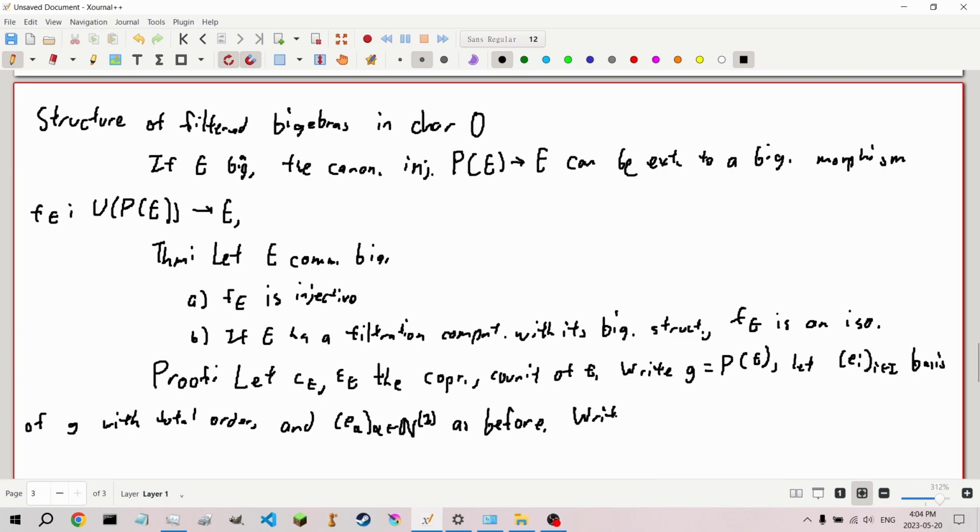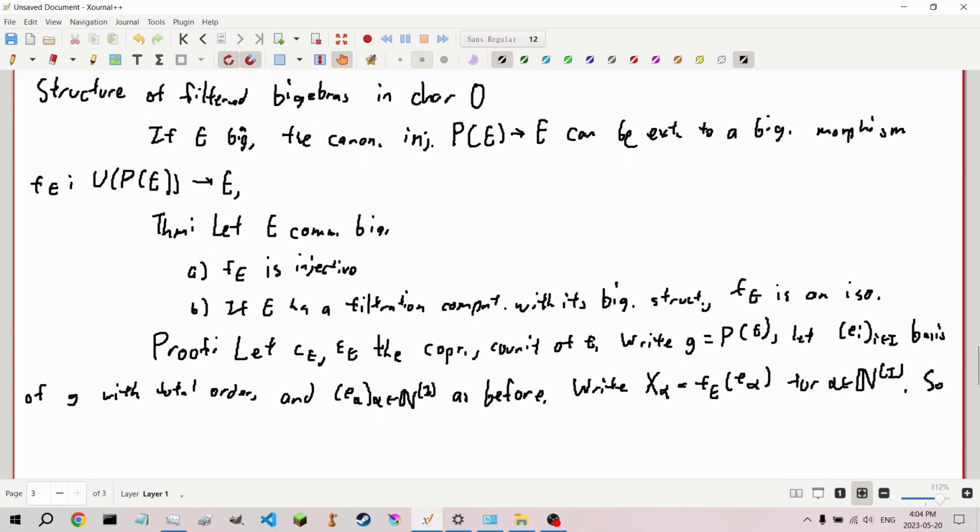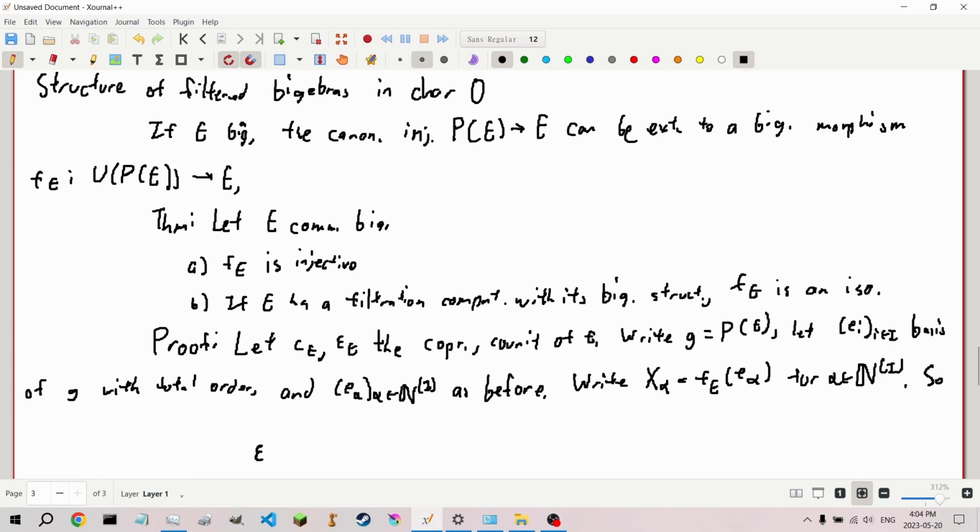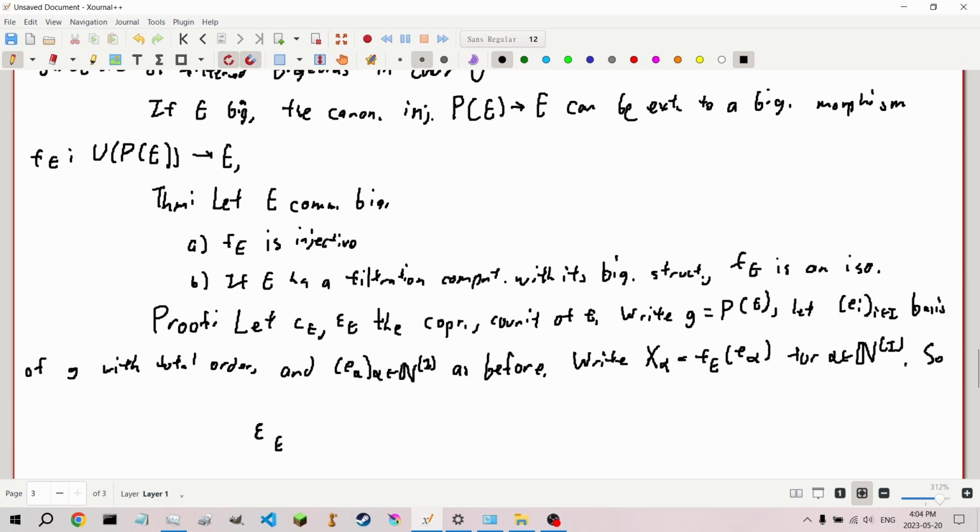Now we're going to write x alpha as being the image of e alpha under Fe, for alpha being a natural number indexed by I. So we have that the counit of x0 is 1, and the counit of x alpha is 0 for alpha at least 1.